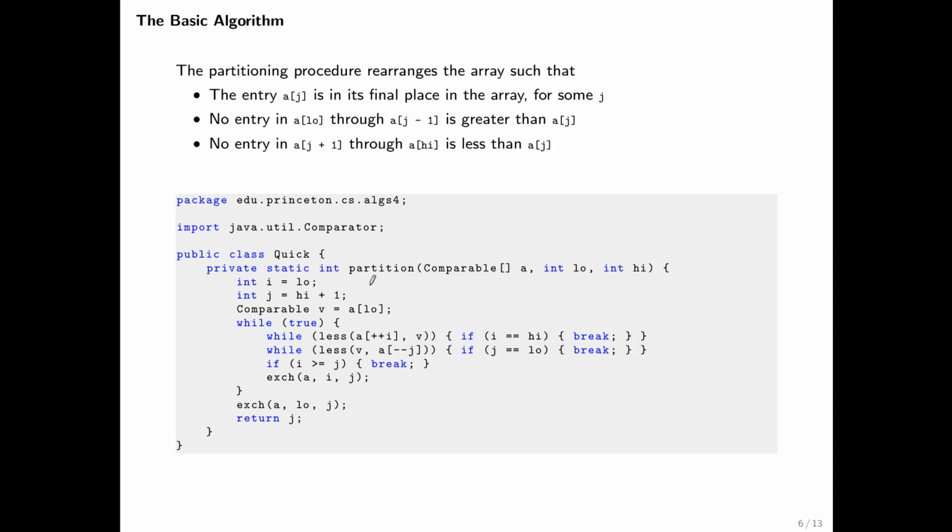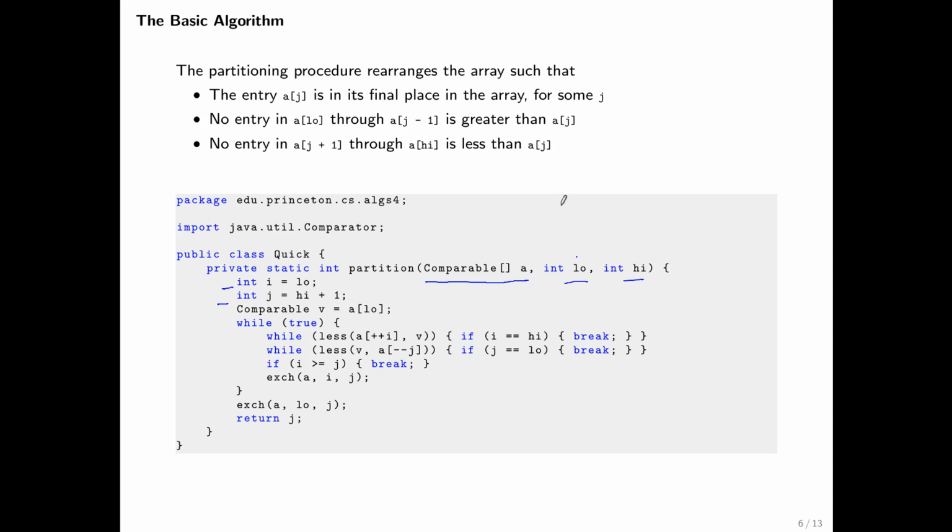Okay? And what are the arguments to partition? Well, it's an array of comparables, A, that's the array that we want to sort, and 2 pointers, low and high. So partition is responsible for partitioning this segment, low through high, in the array A. Okay? So I starts at low, and J starts at high plus 1.